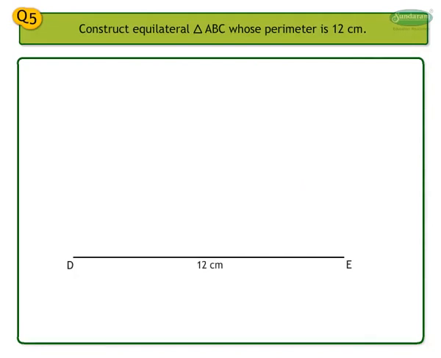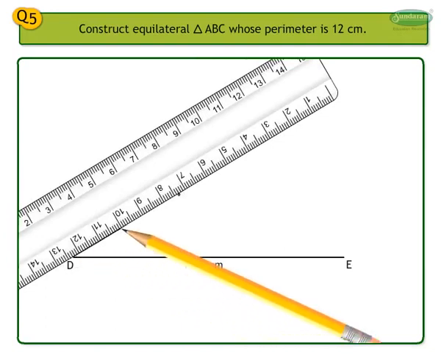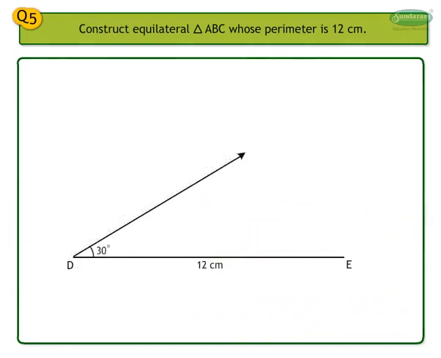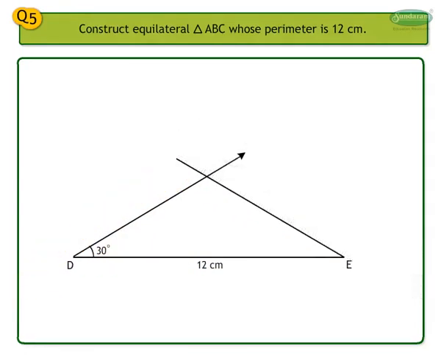Given that triangle ABC is an equilateral triangle, all its angles will measure 60 degrees. So, take half the measure of the base angles, that is, 30 degrees, and draw rays DA and EA such that angle ADE is equal to 30 degrees and angle AED is equal to 30 degrees respectively.